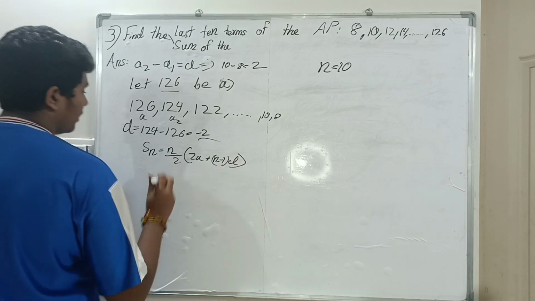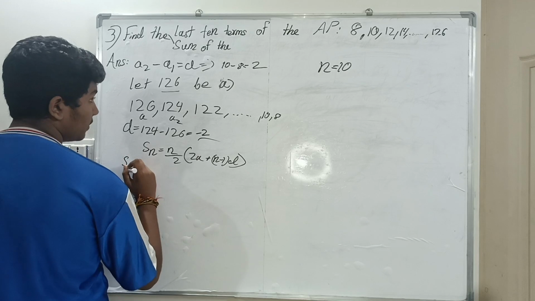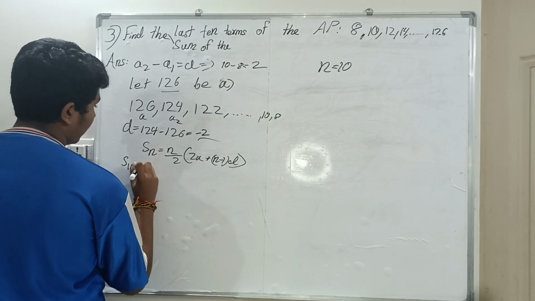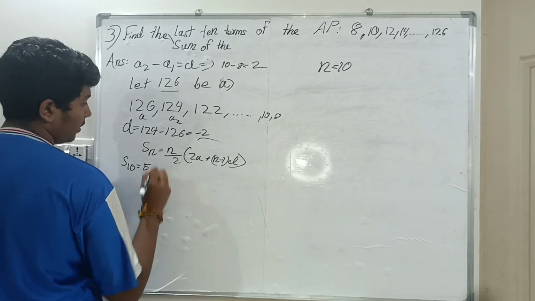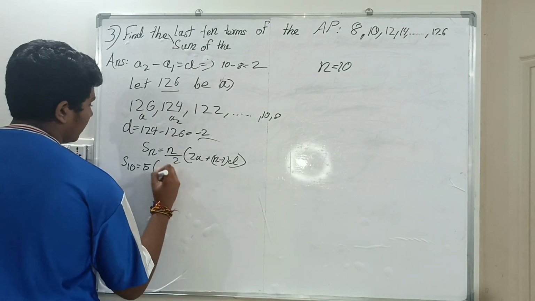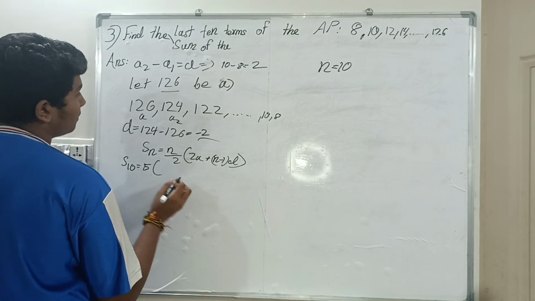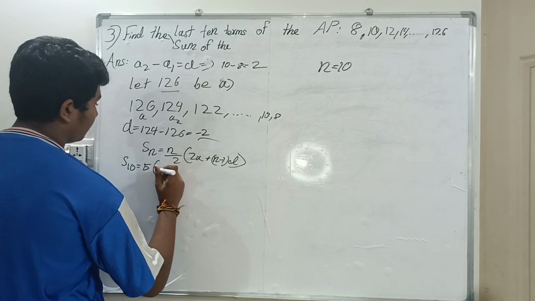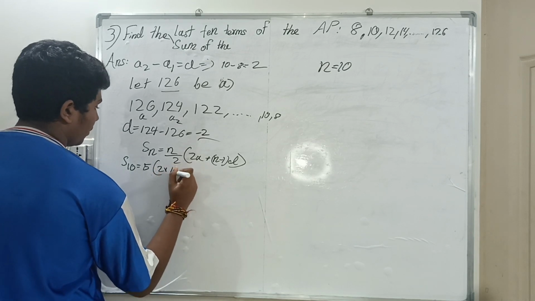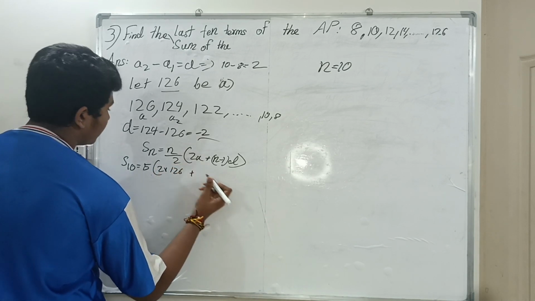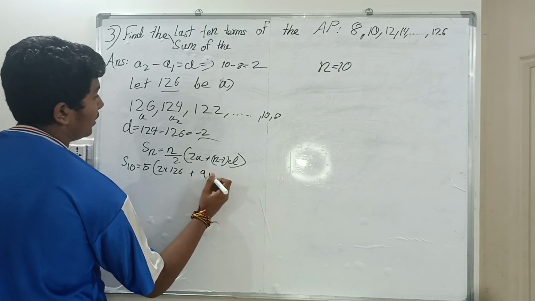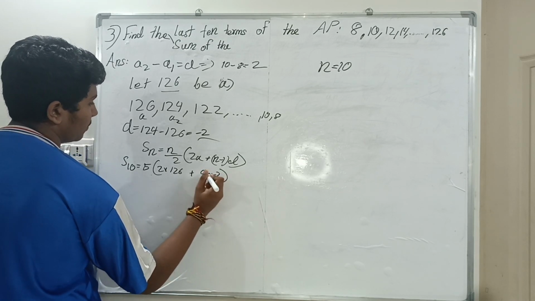Right. So since it's given n is equal to 10, S10 is equal to 5 because 10 by 2 is 5. So what did you get for A? 126, right? So 2 into 126 plus 9 into minus 2.